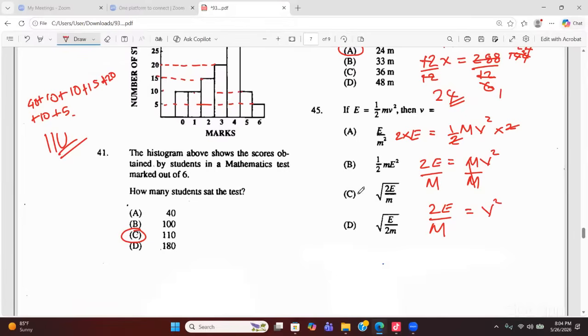So you could see your answer already. But you're going to take your square root. In the exam, you don't have to do this. The reason why I'm doing this is the moment I see one option with 2E at the top, I'm gone. That's how I do multiple choice.